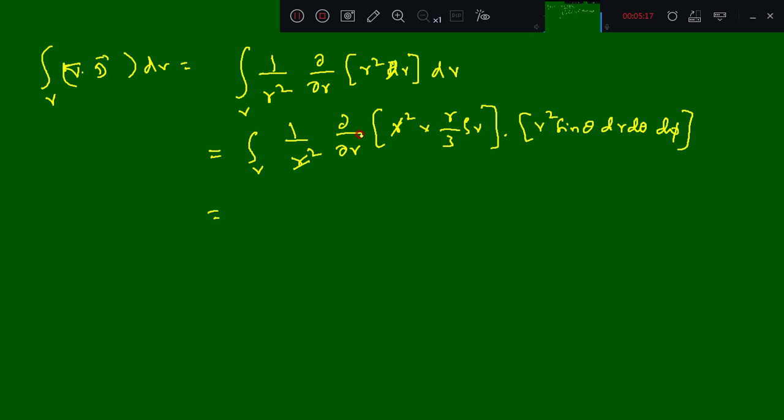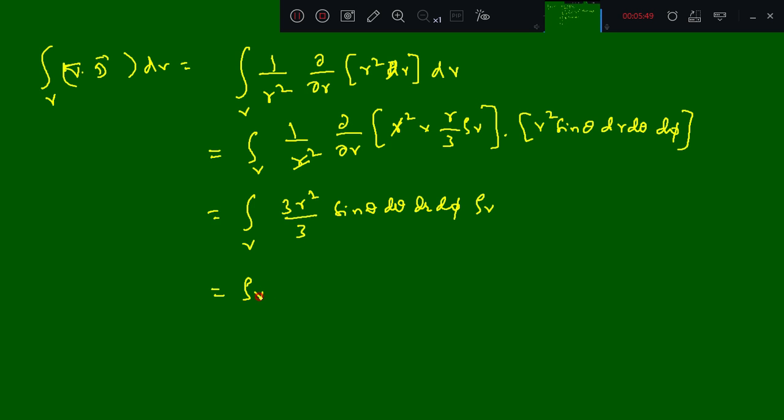The differentiation of r cube by 3 is 3r square by 3. So it is the volume integral of 3r square by 3 into sin theta d theta dr d phi. One more term is rho V. Rho V is constant, so I will take it outside.